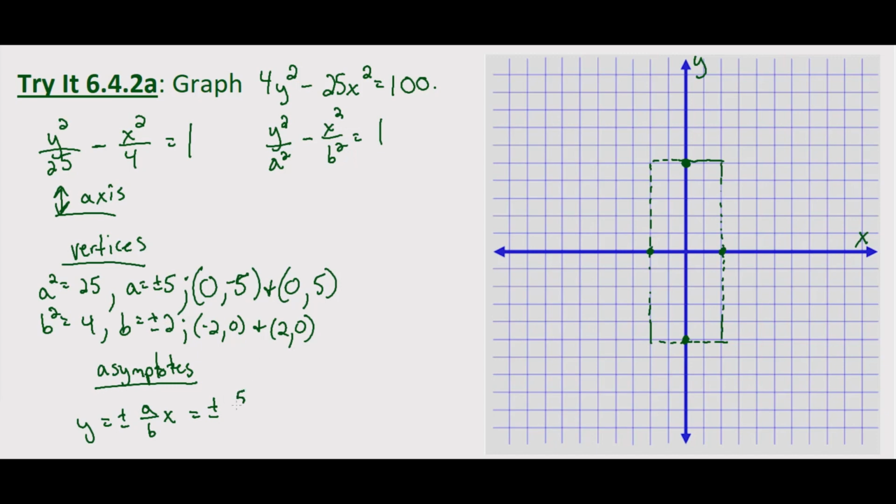That is our rise over run, 5 over 2, to get to the corners of our box. Up 5 over 2, or down 5 and left 2. So yes, that checks out. So we can go ahead and draw in our asymptotes through the corners of the box.